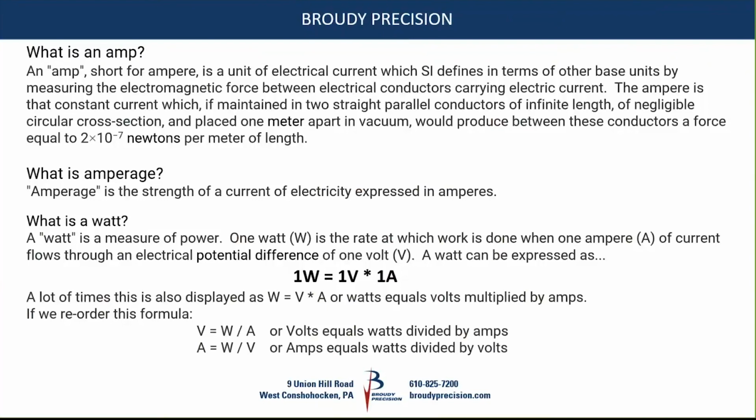Sorry, I'm getting ahead of myself. You can reorder things to come up with the other parts of the equation. For volts, you can divide watts by amps, and amps can be watts divided by volts. So we come up with this unit of measure of power, which is watts.